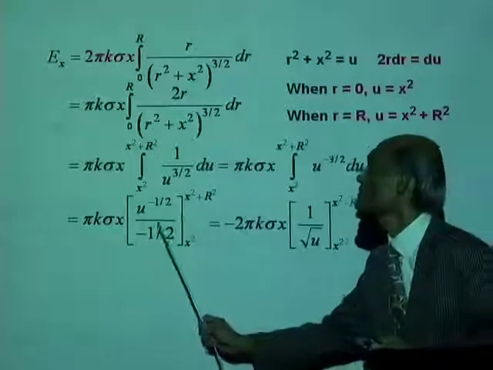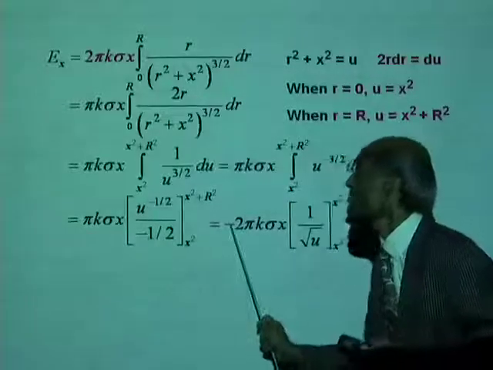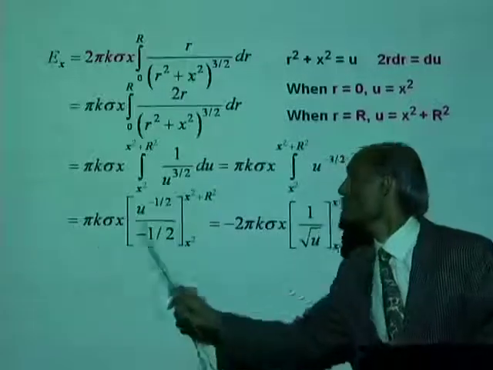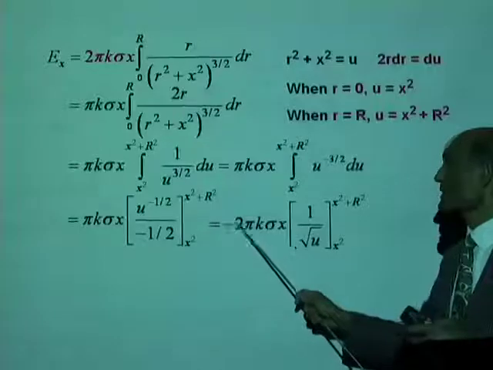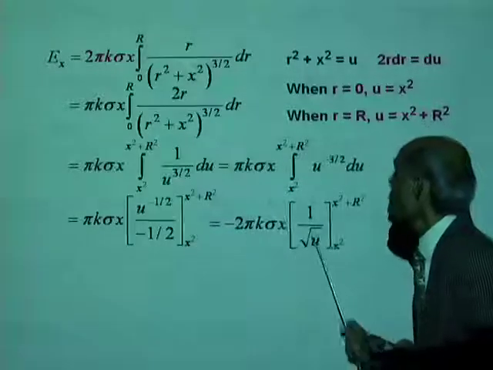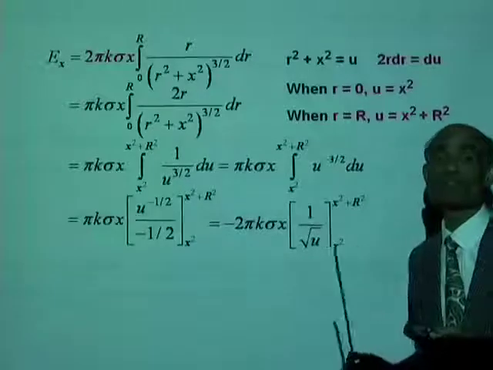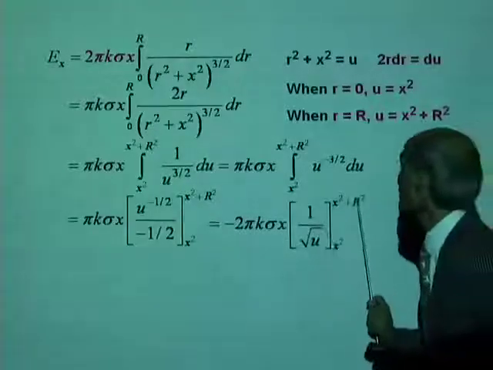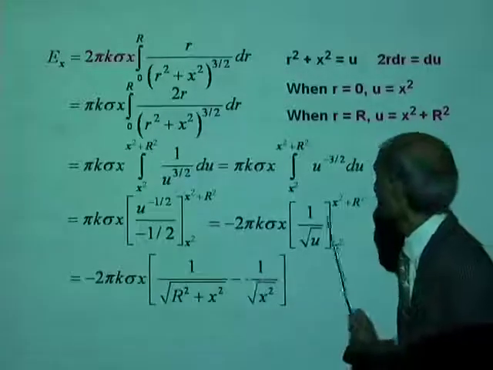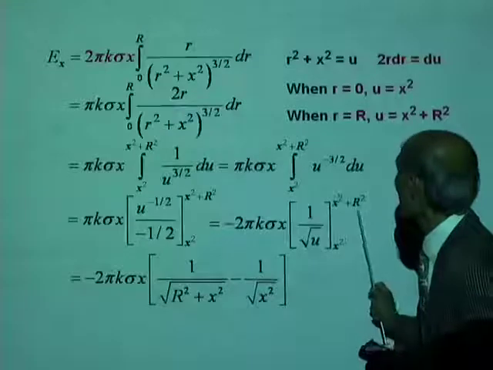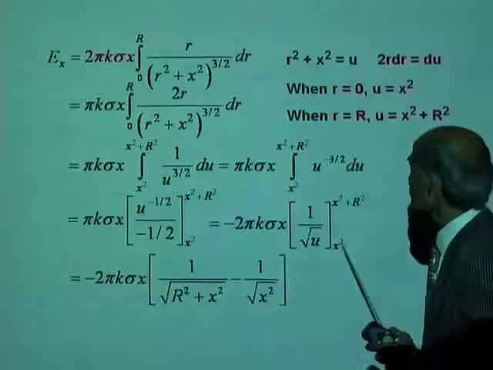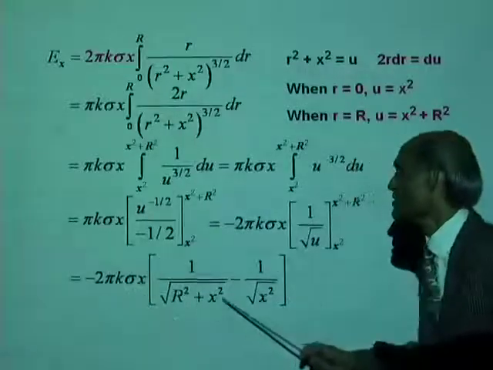You understand this, don't you? This negative, I brought it up here, and dividing by 1/2 became multiplying by 2. That's how this became negative 2 here. And u to the negative 1/2 is 1 over square root u. Now use the upper limit, replace u by x squared plus R squared, minus replace u by x squared, and you have this.